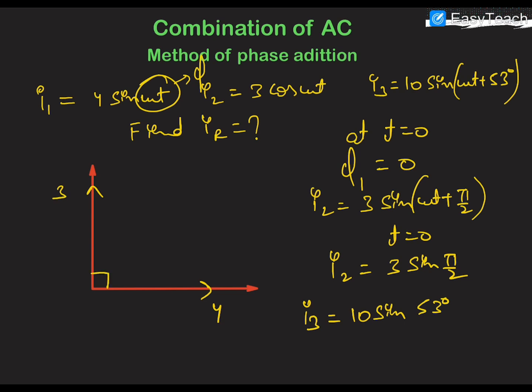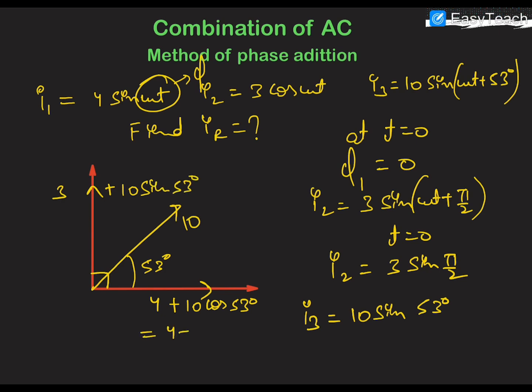As well as for I3, whose magnitude is 10, and the angle of this current is 53 degrees. Now obviously we can say that the component of 10 along the x-axis is 10 cos 53, and the component of 10 along the y-axis is 10 sine 53.